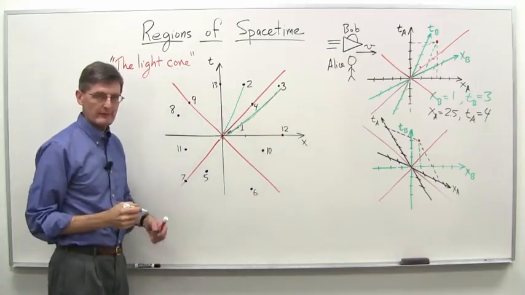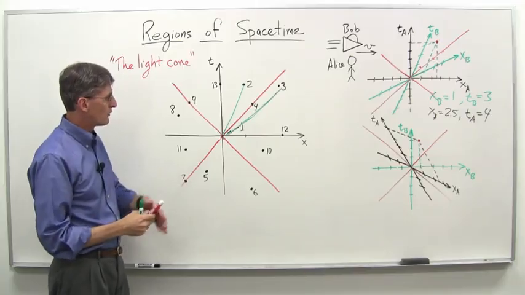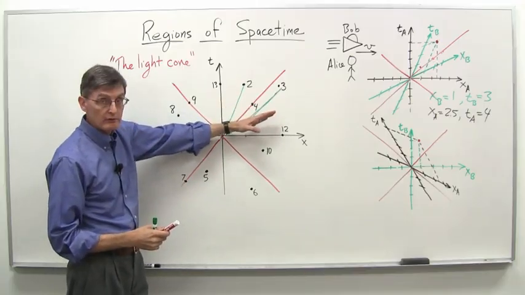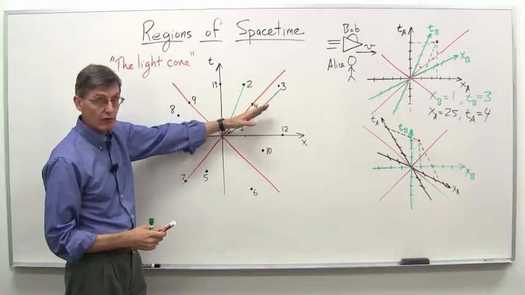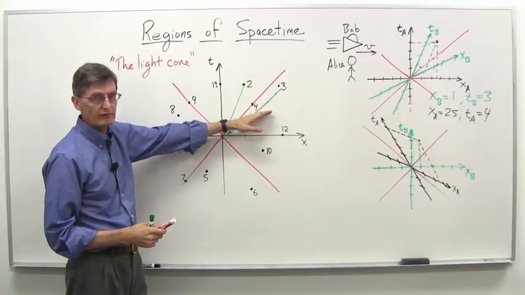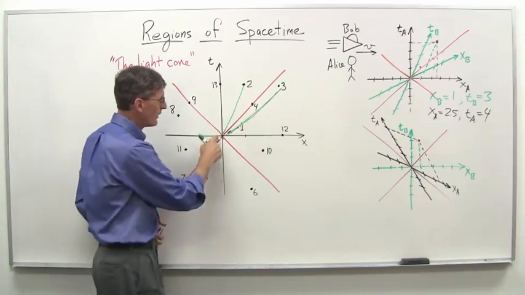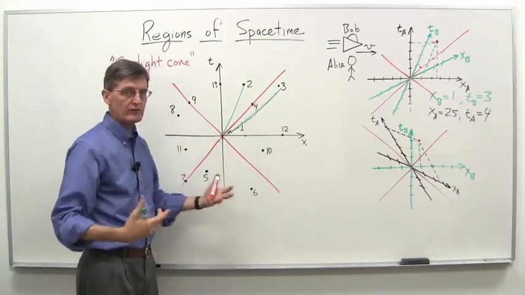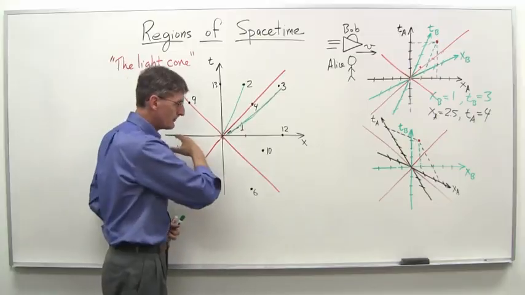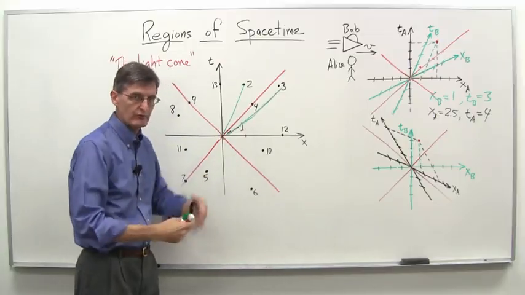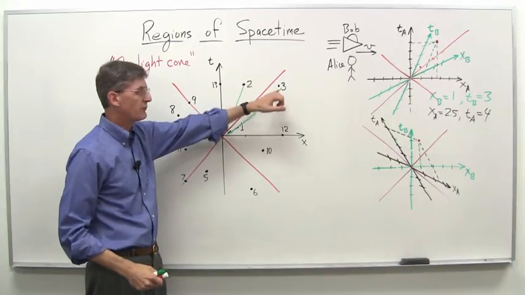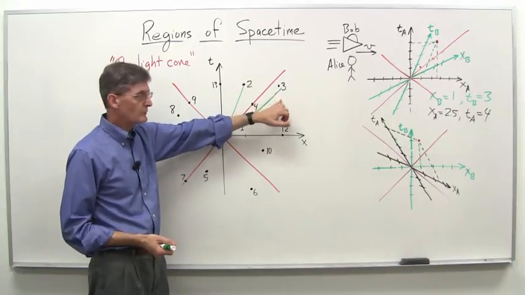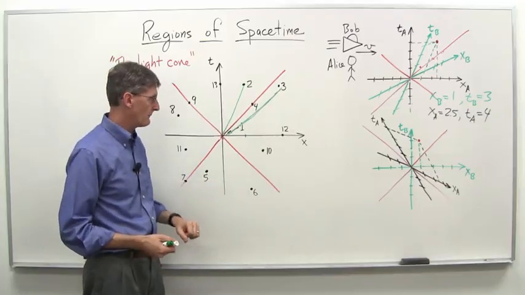That would be the world line to get there. And note that that world line has a slope less than the speed of light slope, and therefore it's a velocity faster than the speed of light. In other words, to get from 1 to 3 through space-time, which means traveling both through space and through time, as it were, as time just ticks on, I'd have to have a spaceship that goes faster than the speed of light. So I cannot get there.